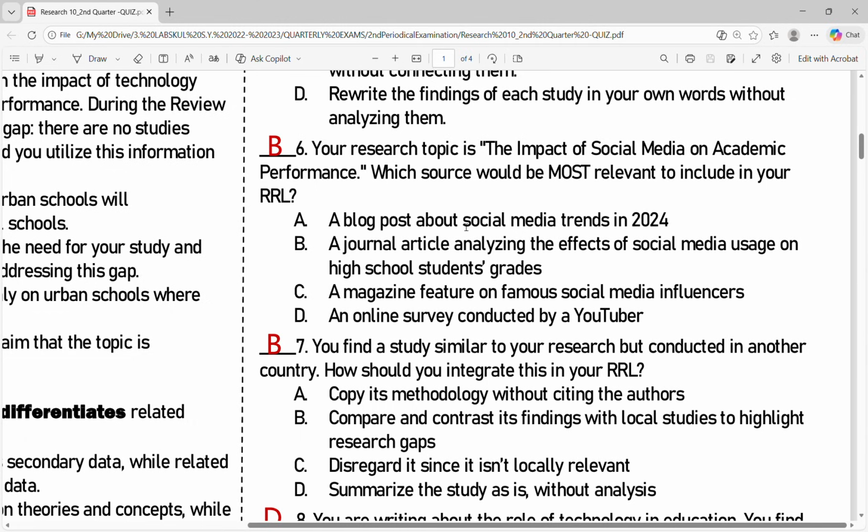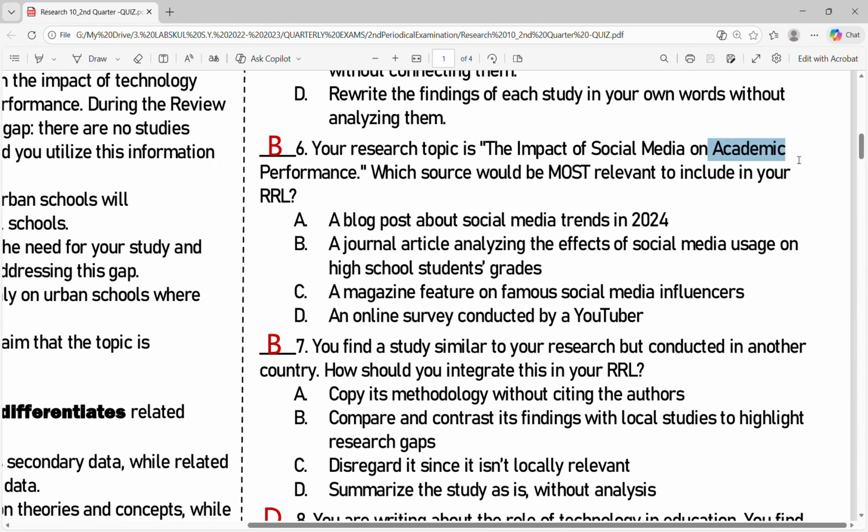Letter A, a blog post about social media trends in 2024, is just an idea of what social media trends are in 2024, and it does not connect or relate to the effect of social media on academic performance. So letter A is not the correct answer. Next, number 6, letter C, a magazine feature on famous social media influencers.